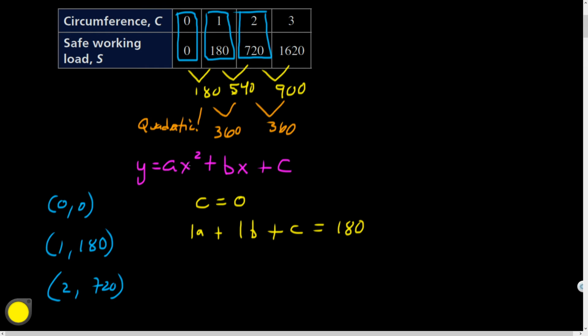And here 2 squared is 4 times a is 4a, plus 2b plus c equals 720. So here are my 3 equations, and because one of them is already solved, I'm going to do substitution.